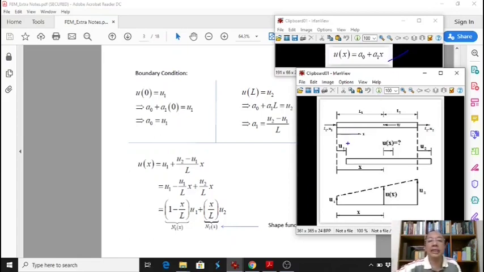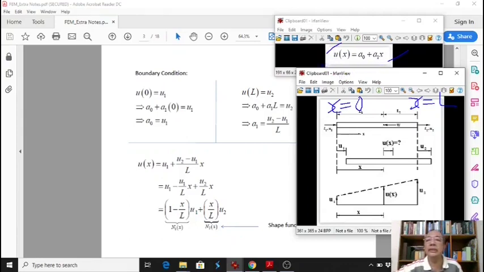We assume that the position here is x equal to 0. The element length is L, so at this end x equals L. We still use U of x equals A0 plus A1 x.